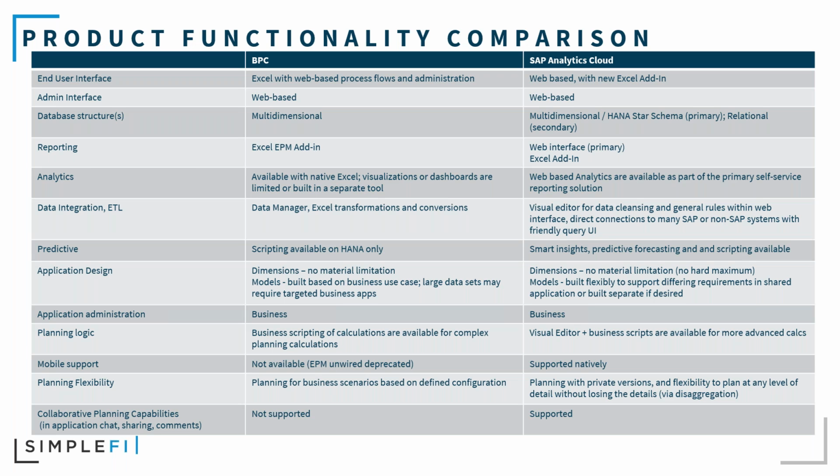I can click on a button, share it, it goes to somebody's inbox, they click the link, and it opens up. That takes the guesswork out of BPC, where I have to go edit or open up my report library and find what I'm looking for. So there's a lot of nice collaboration and a streamlined approach to a lot of the processes within SAC.